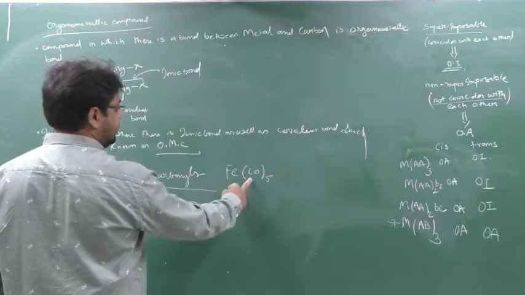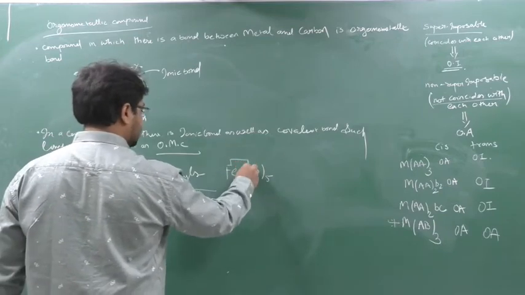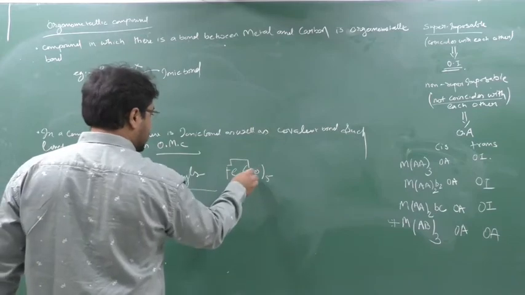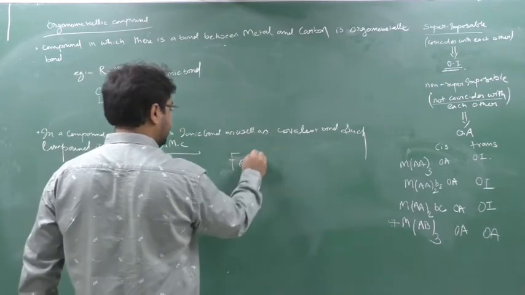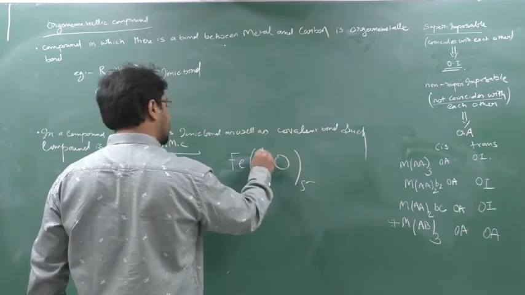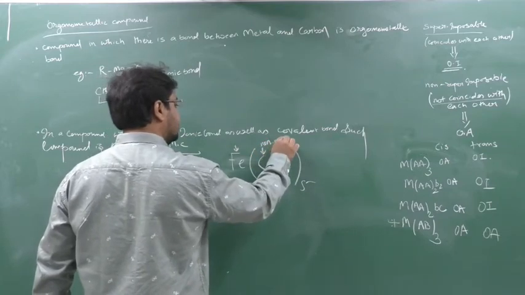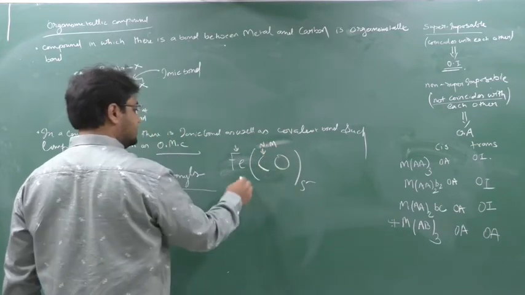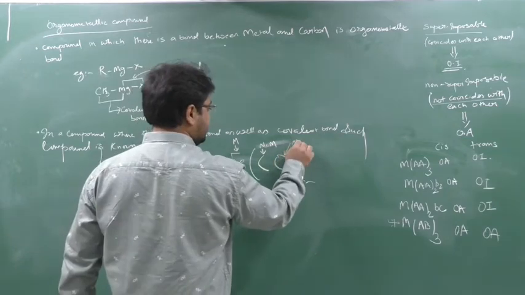Here iron is making a bond with carbon and carbon is making a bond with oxygen. This carbon is a non-metal, this Fe is a metal, and this oxygen is also a non-metal.